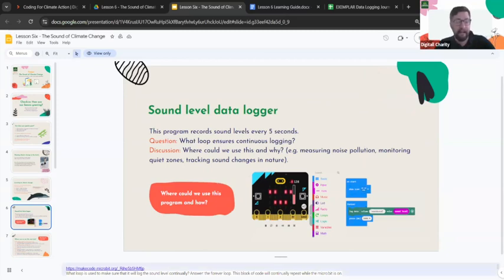And as such, the students are going to be doing that in this lesson. So here is the code that students will be using. A little bit more straightforward than the code that was used in the previous two lessons.